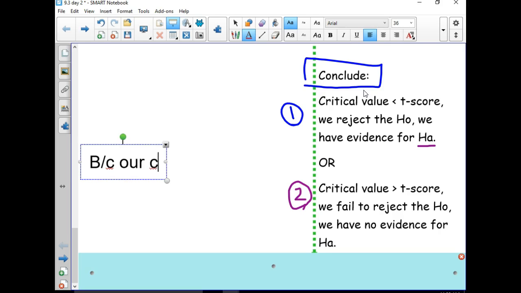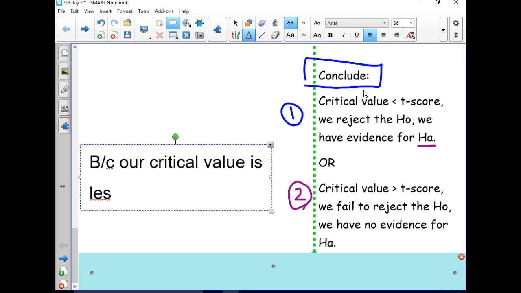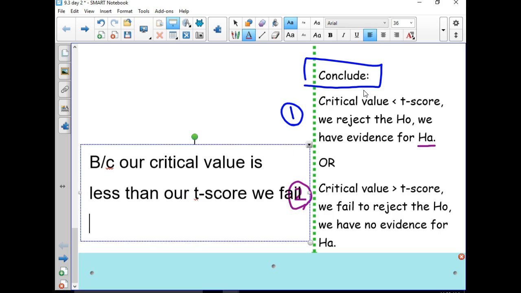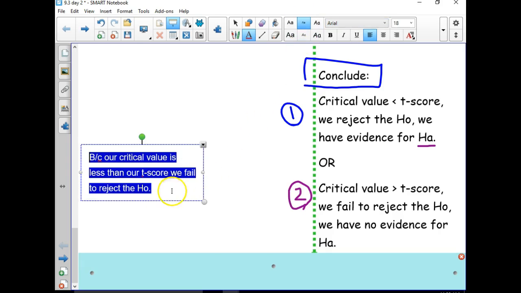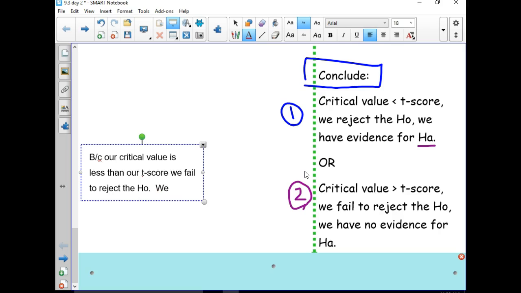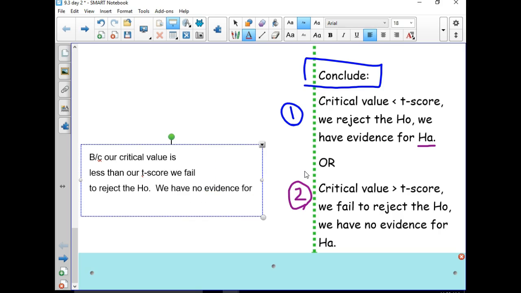So because our critical value is less than our t-score, we fail to reject the null hypothesis. The null hypothesis does not need to be in context. We have no evidence for HA. And now HA has got to be in context. So what's going on with this situation?